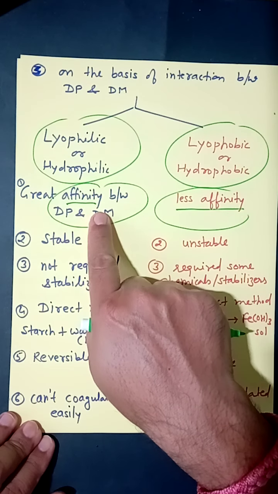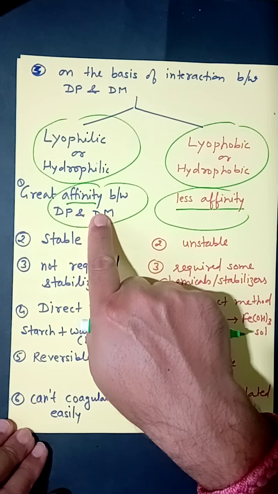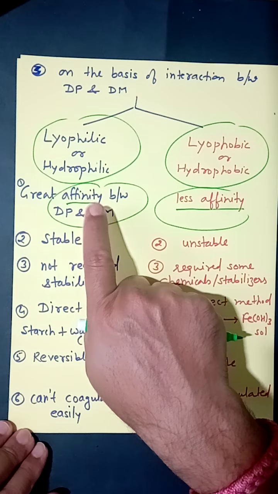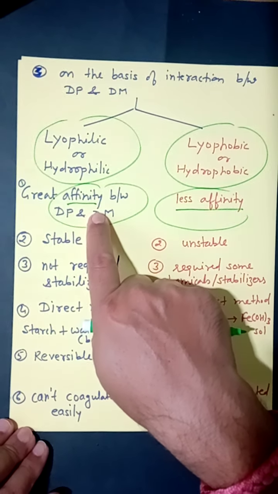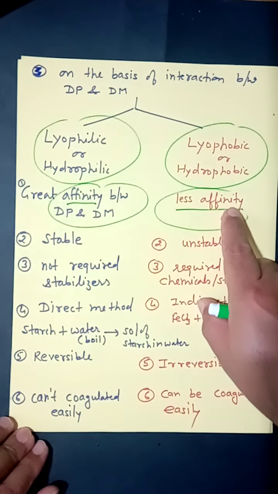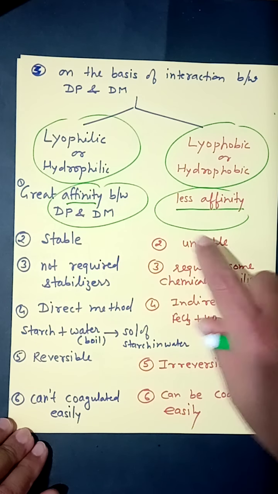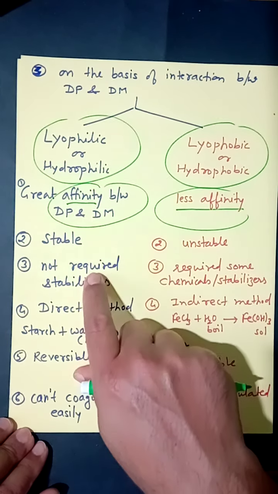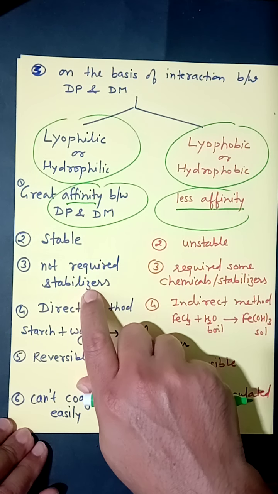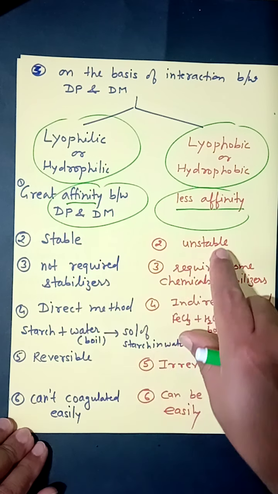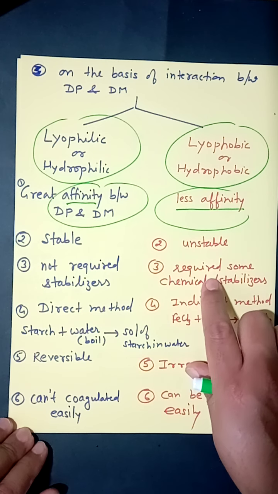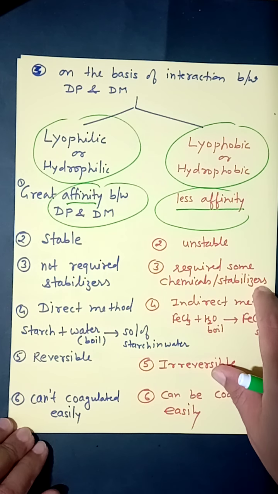Because they have great affinity between solute and solvent, it means disperse phase and dispersion medium, they are stable. Because there is affinity, they are stable. Because they have less affinity, they are unstable. As they are stable, they do not require any stabilizers. But because they are unstable, they require some chemicals as stabilizers.